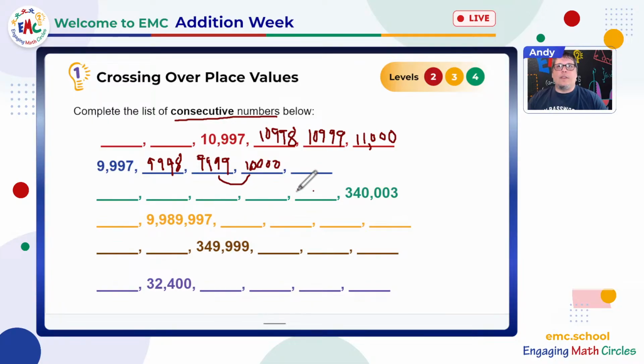Okay, 340,002 and 1. 340,000 is going to roll down to 339,999. Right there. Okay, 97, 98, 99. Right here, it's going to roll up.